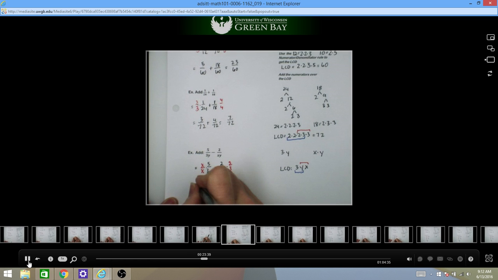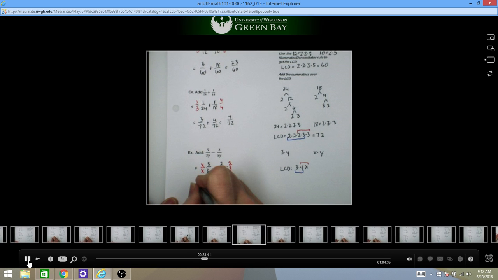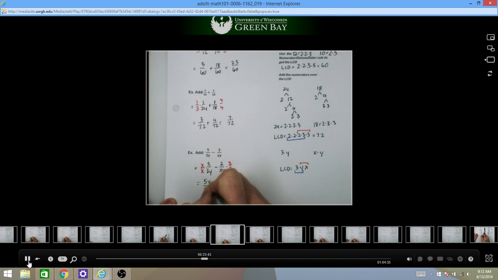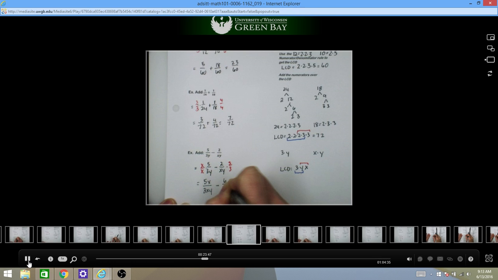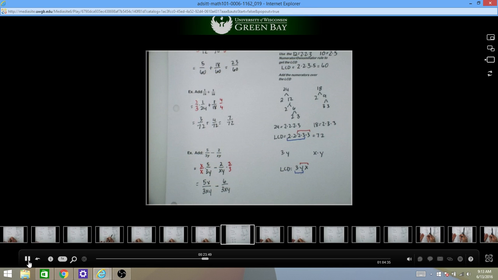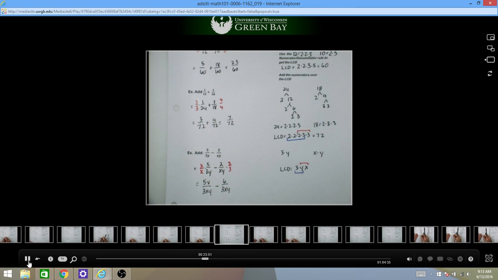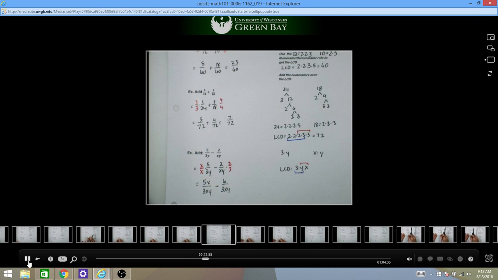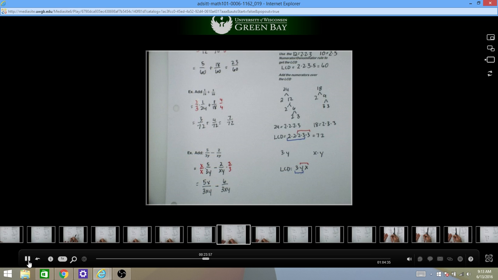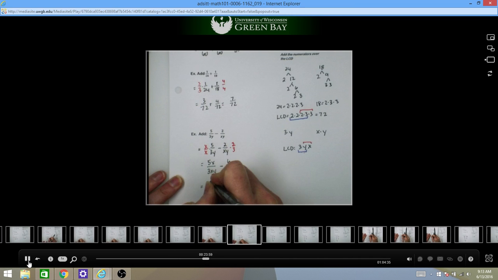So we have 5x over 3xy minus 6 over 3xy. So both denominators are now 3xy. So you can go ahead and do the subtraction in the numerator. So 5x minus 6 over 3xy.